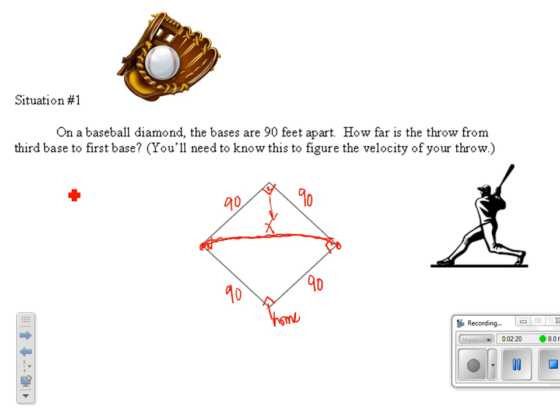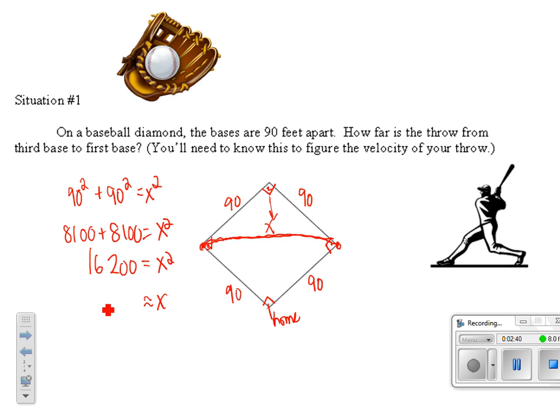So if I use the Pythagorean theorem, 90 squared plus 90 squared equals x squared. That's 8100 plus 8100 equals x squared. 8100 and 8100 is 16,200. Square root both sides, and I approximately get 127.3 feet.